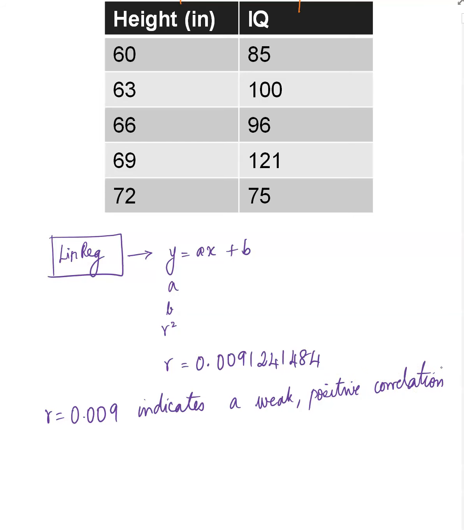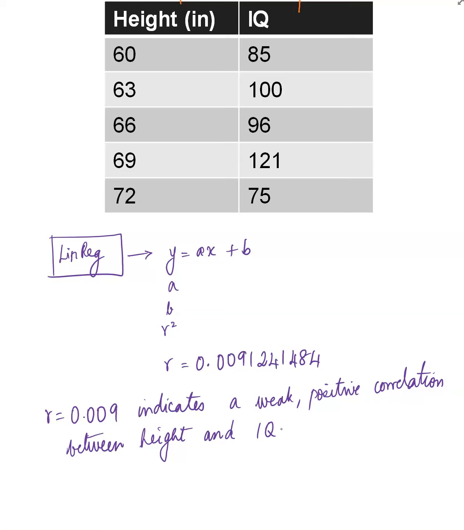So that's really important. Correlation between height and IQ. So you can kind of say there's not much of a link between a person's height and IQ score, right? So that is what this indicates to us.